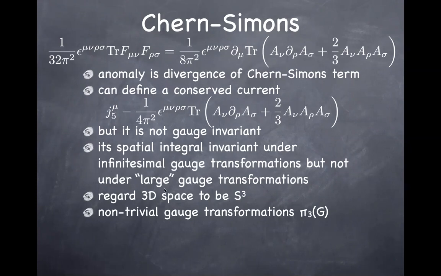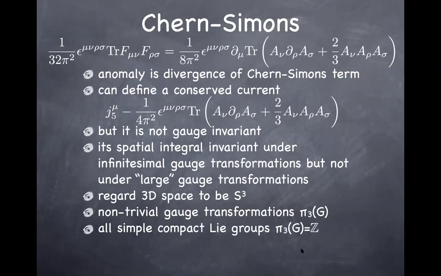In the same way, if you regard our space to be a three-dimensional sphere, for the convenience of argument, you should look into whether there are non-trivial maps from S3, which is space, into the gauge group G. And this is a theorem due to Poincaré that every simple compact Lie group has such a non-trivial map, that the three-dimensional sphere can be mapped into the gauge group, which winds around in a non-trivial way. And you can count the winding numbers, which are integers.